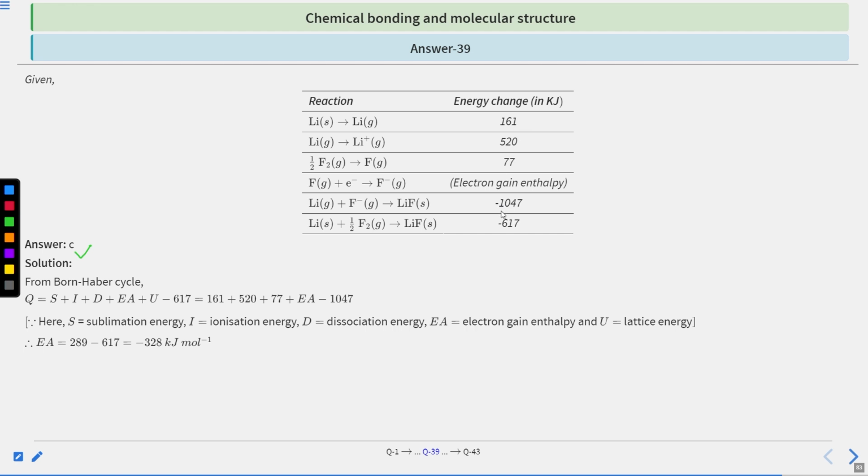The sum of this whole energy change will be equal to Q. Here S is sublimation energy, I is ionization energy, D is dissociation energy, EA is electron gain enthalpy, U is lattice energy. On interchanging the terms, the value of EA comes out as 289 minus 617, that is minus 328 kJ/mol. Hence, option C is the correct answer.